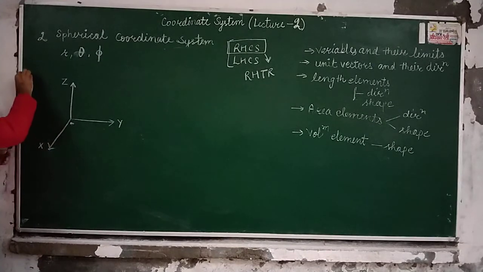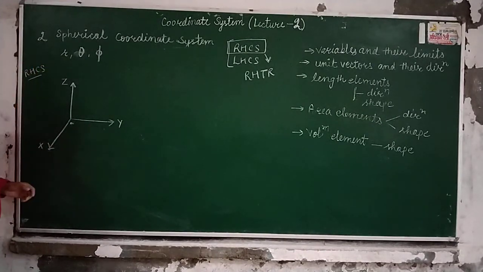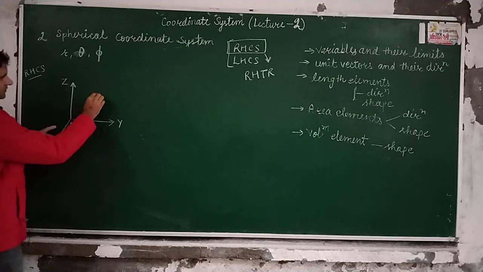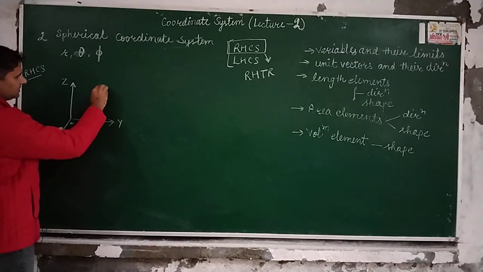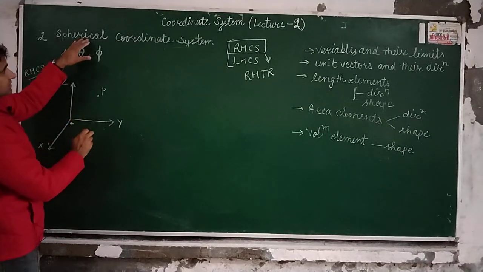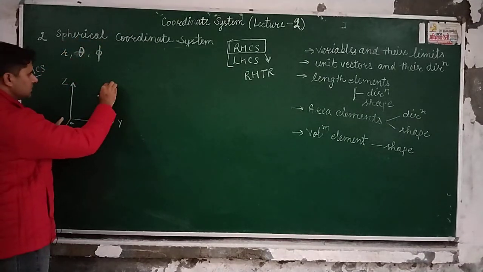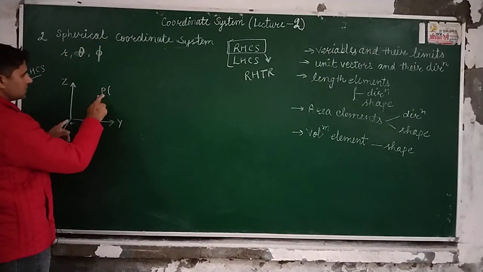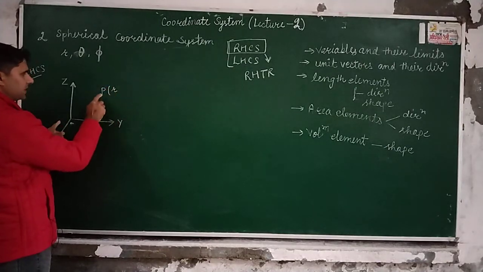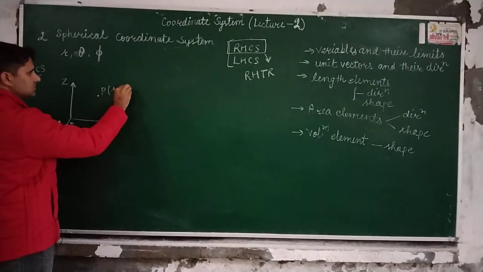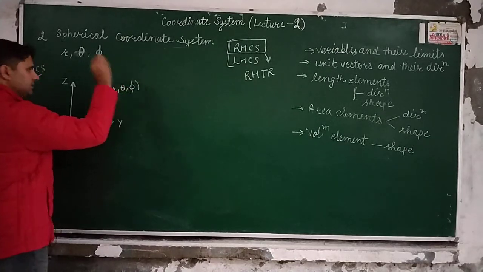Such a system is a right-handed coordinate system. Suppose we have a point P in the spherical coordinate system. Then the coordinates of point P will be r, theta and phi.